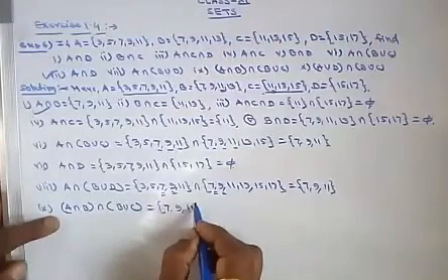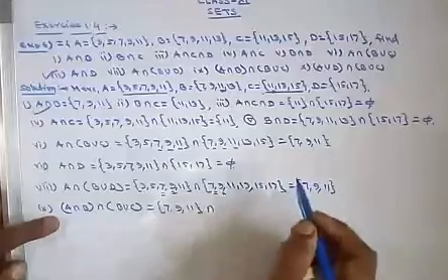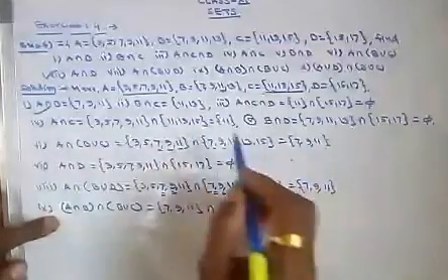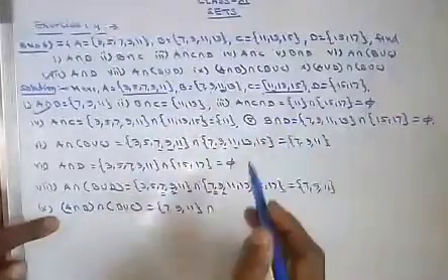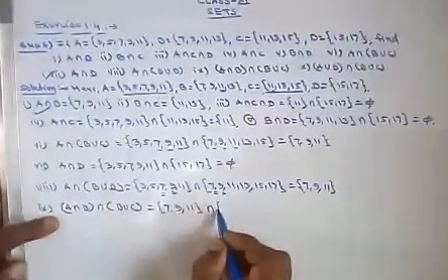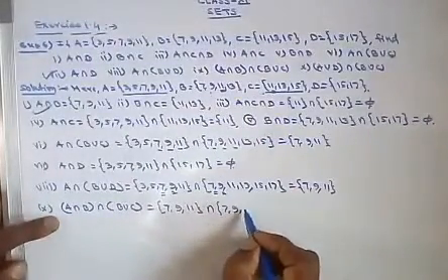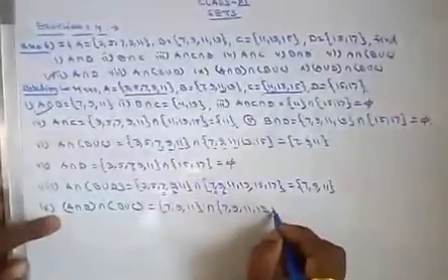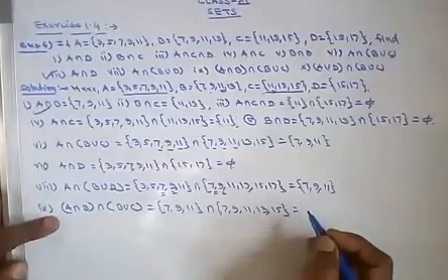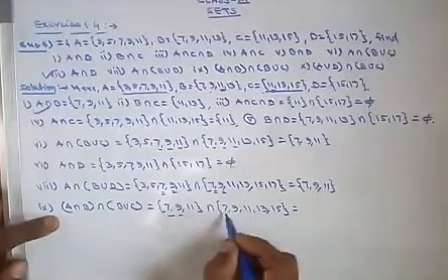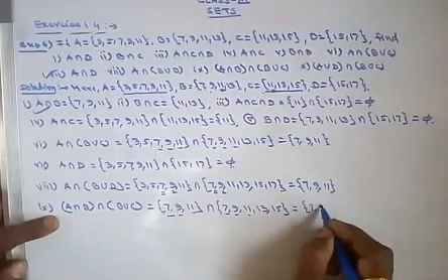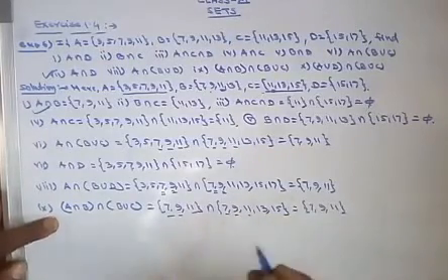Intersection B union C. Okay, take B union C, the union of B and C, 11, 13 repeated: 7, 9, 11, 13 and 15. Now take the intersection: 7 and 9 and 11 also. So it is 7, 9, 11.